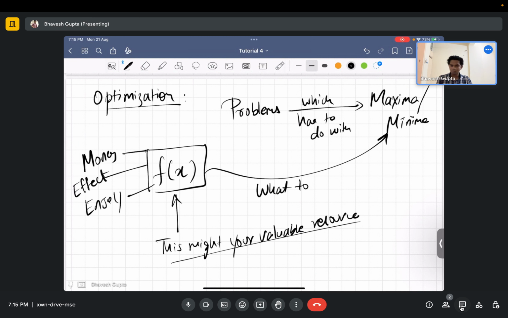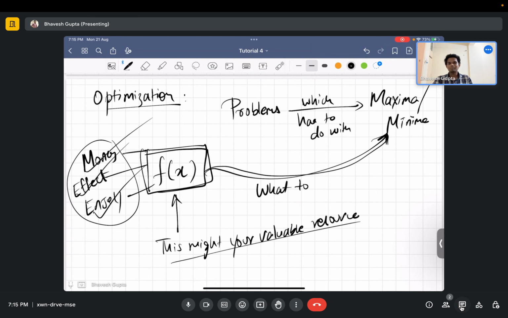You also want to give as little effort as possible, right? So everything is basically encoded in this function, and you want to do some kind of maximization and minimization to it, such that you have maximum enjoyment, minimum effort, minimum money spent.